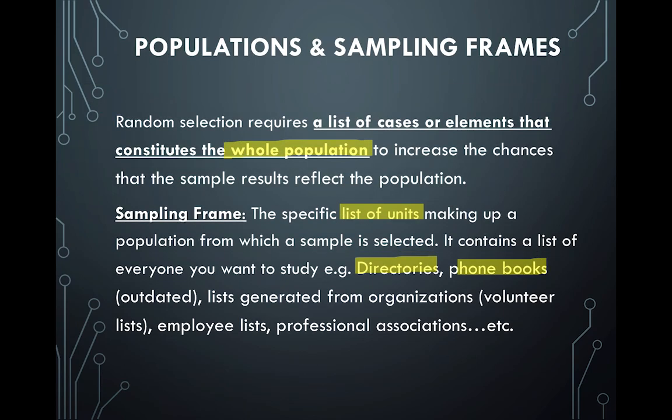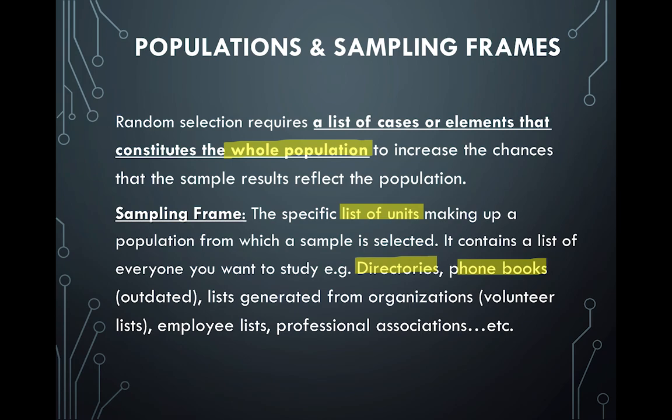Okay, so what you need when you're doing random selection is a list of cases in a population, and this is called a sampling frame. It's actually a very simple idea. It's the specific list of units making up a population. So if we were to do random selection in our course, the sampling frame would be the students in the class, all of your names on a list.